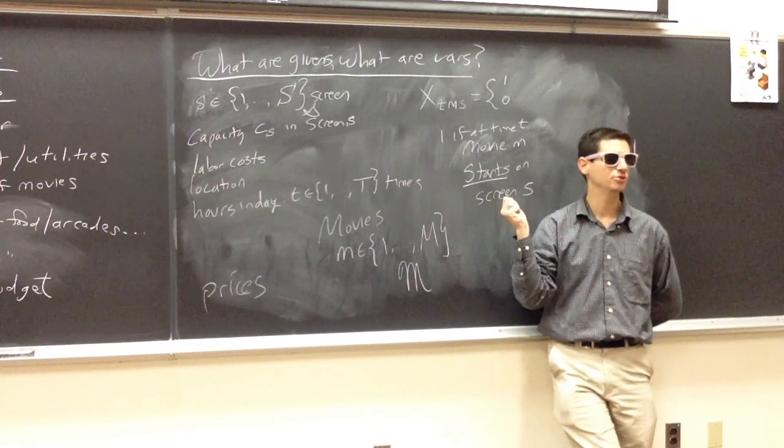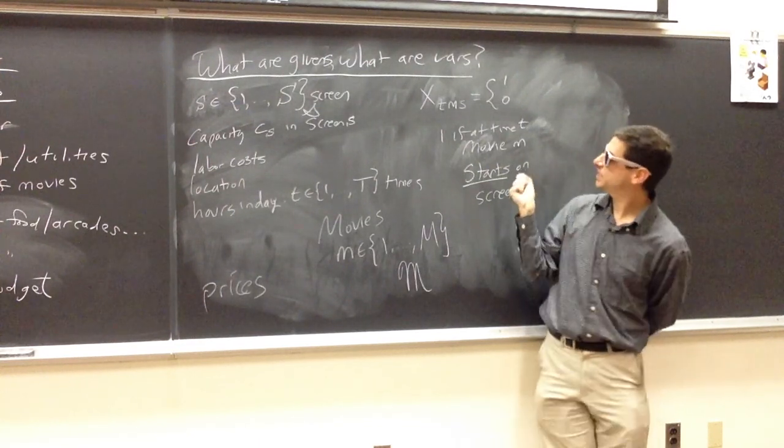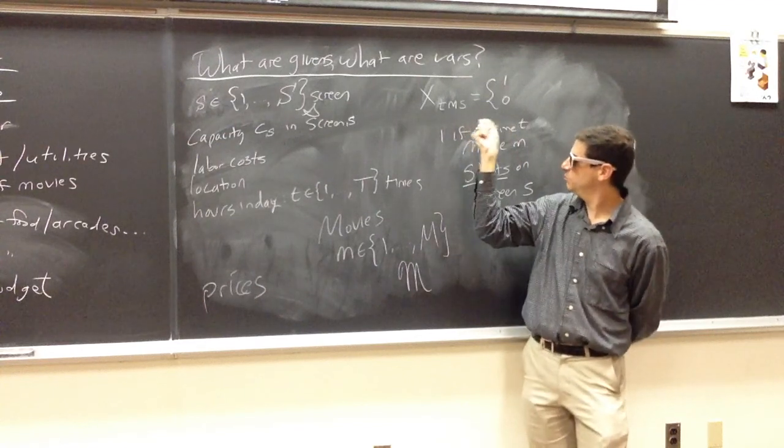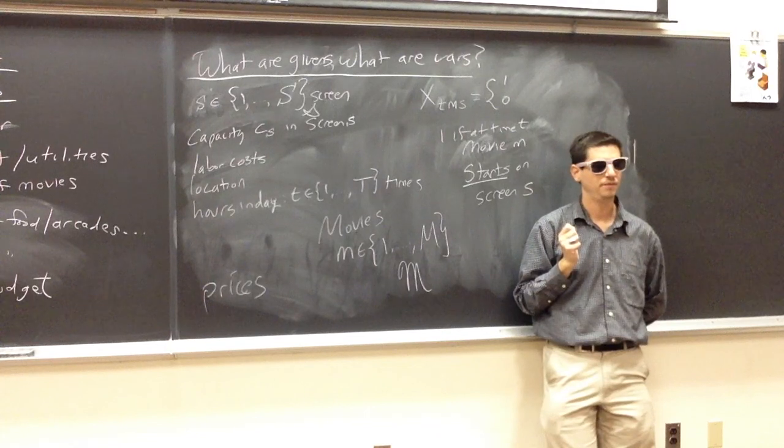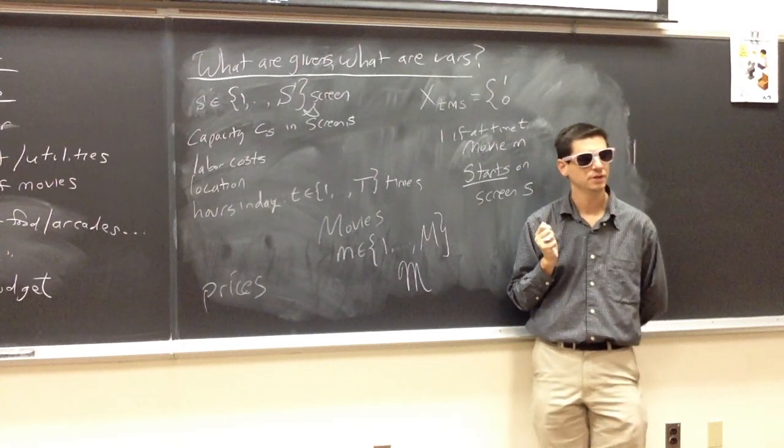There are other things you could be doing as your variables. Instead of saying it's going to be 1 if at time t movie M starts on screen S, what could we do instead? Number of minutes left in the film.